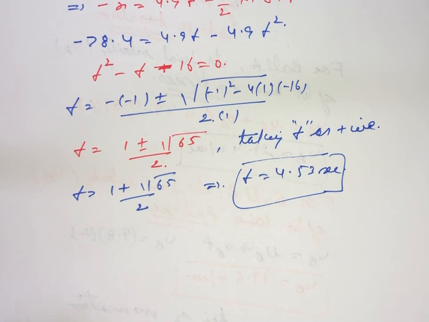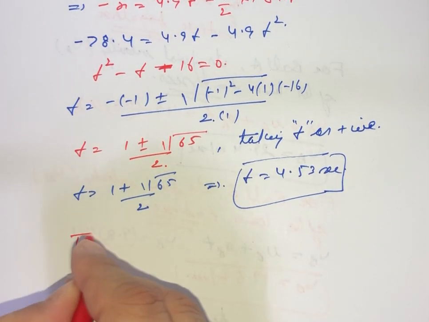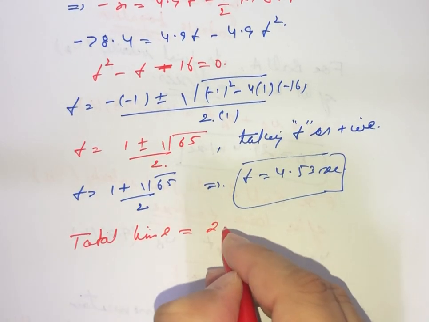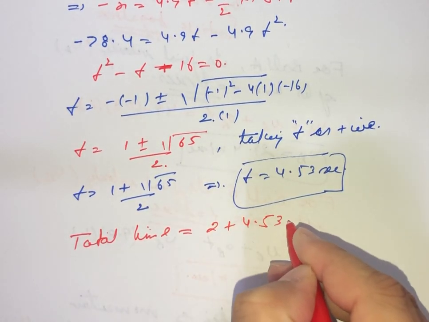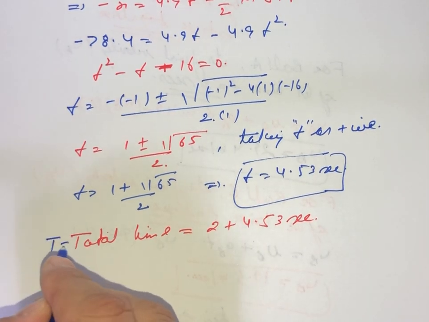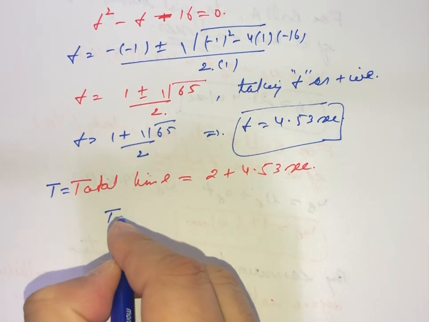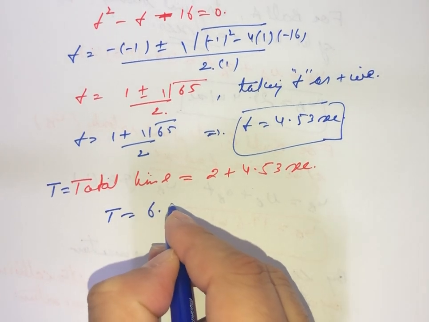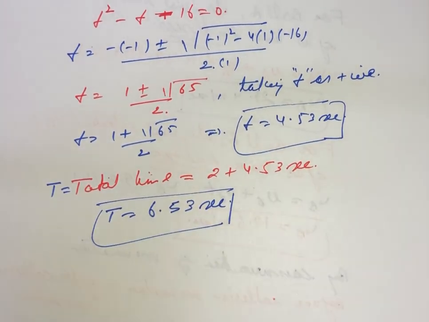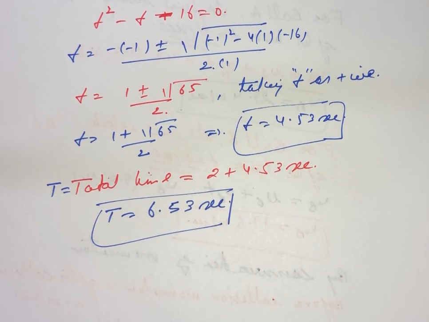So the total time will be equal to this 2 seconds plus 4.53 seconds, and let us suppose this total time is given as capital T. So we can say capital T is equal to 6.53 seconds. So this completes the question. Thank you.